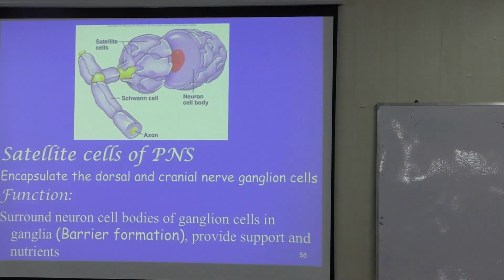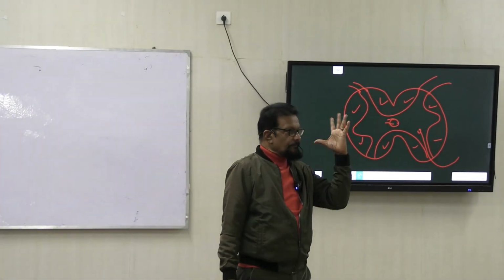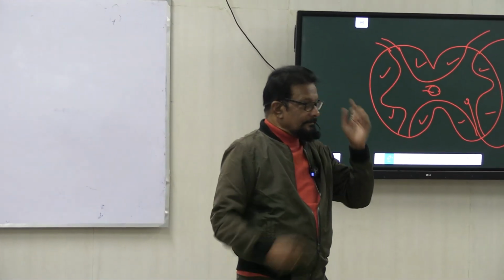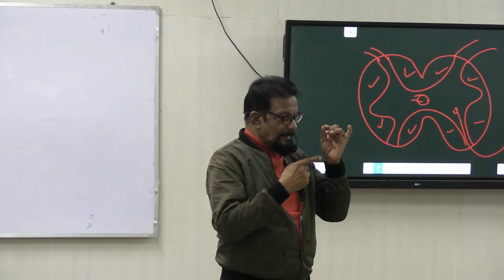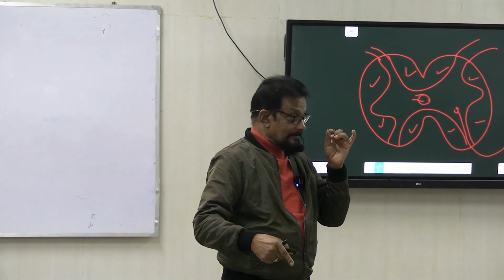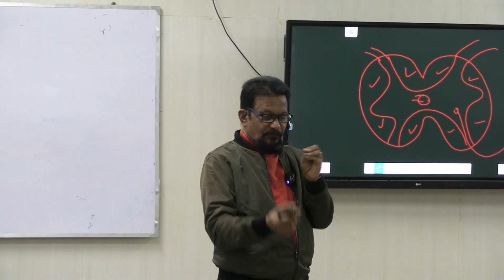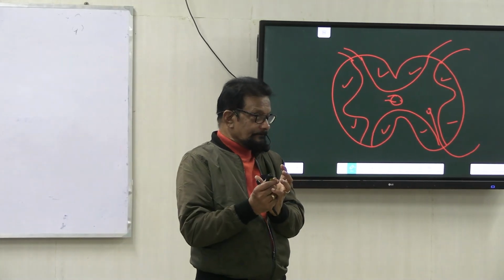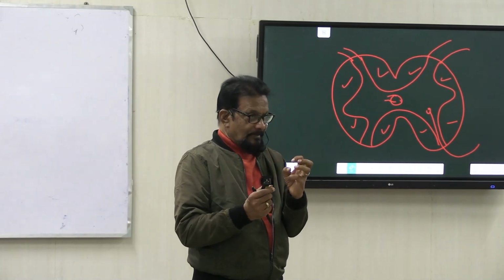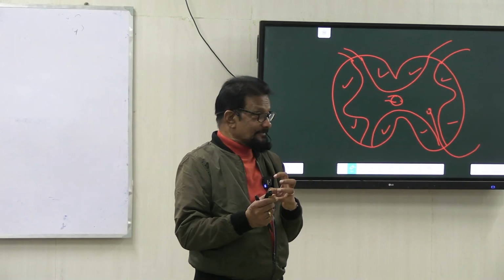As I said yesterday in our class, the cranial nerves, when they originate from the brain, leave the brain and pass to the organ, and before reaching the organ, they end in a ganglion. The ganglion is an aggregation of some cell bodies.